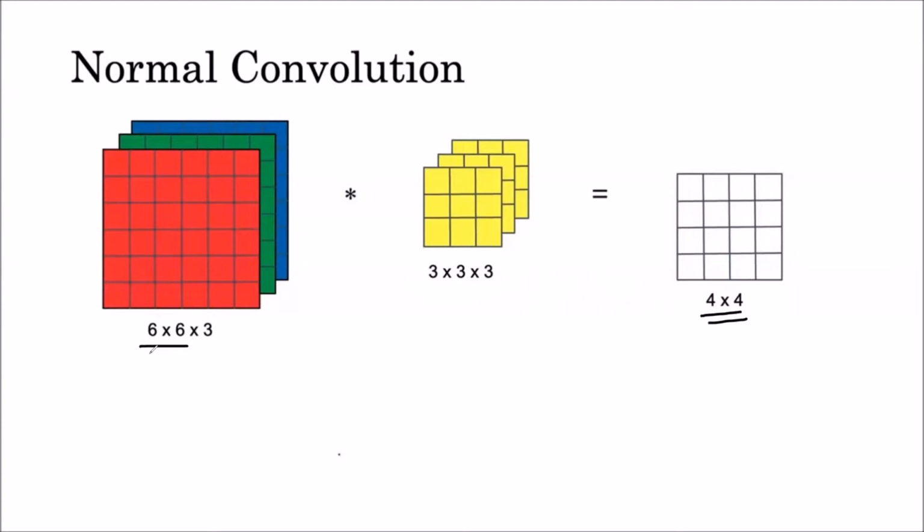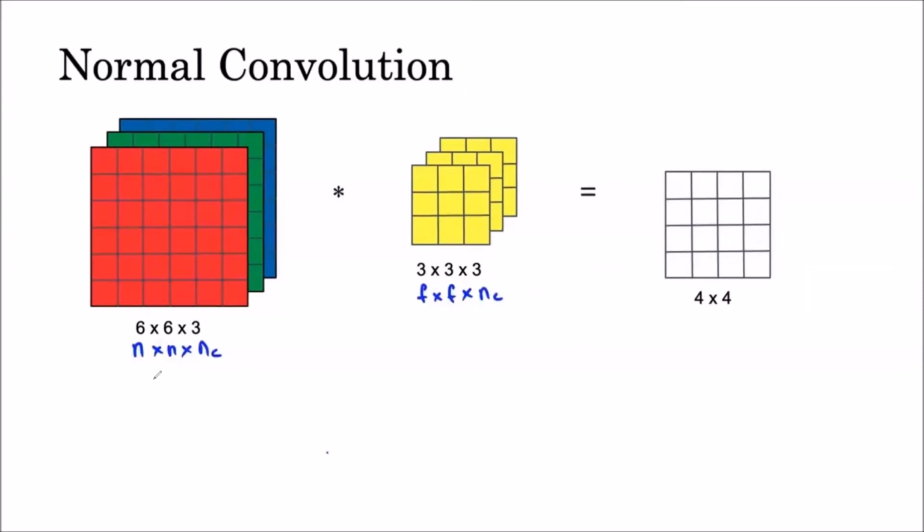Because the input size is 6 by 6 and the filter size is 3 by 3, the output size is 4 by 4. In general, we take an input image n by n, a filter f by f, and the number of channels NC.